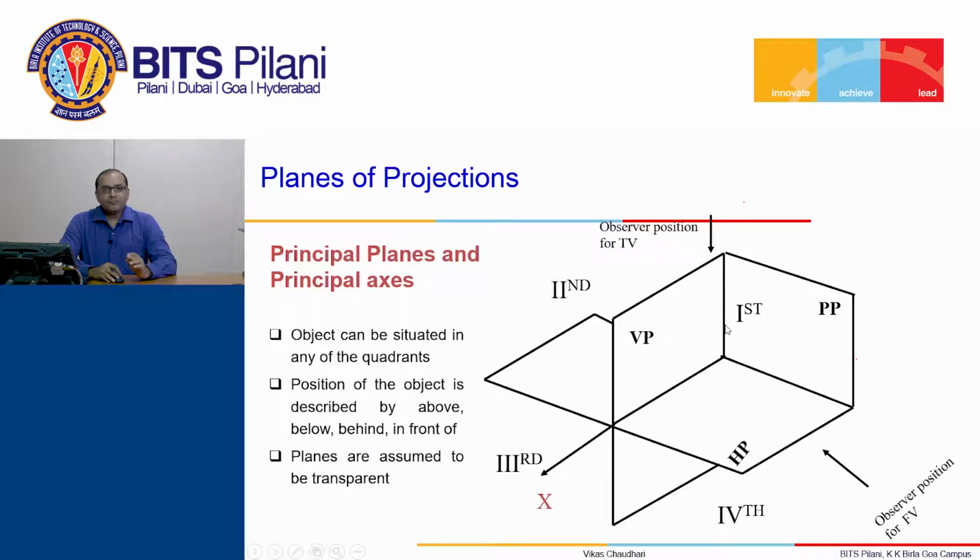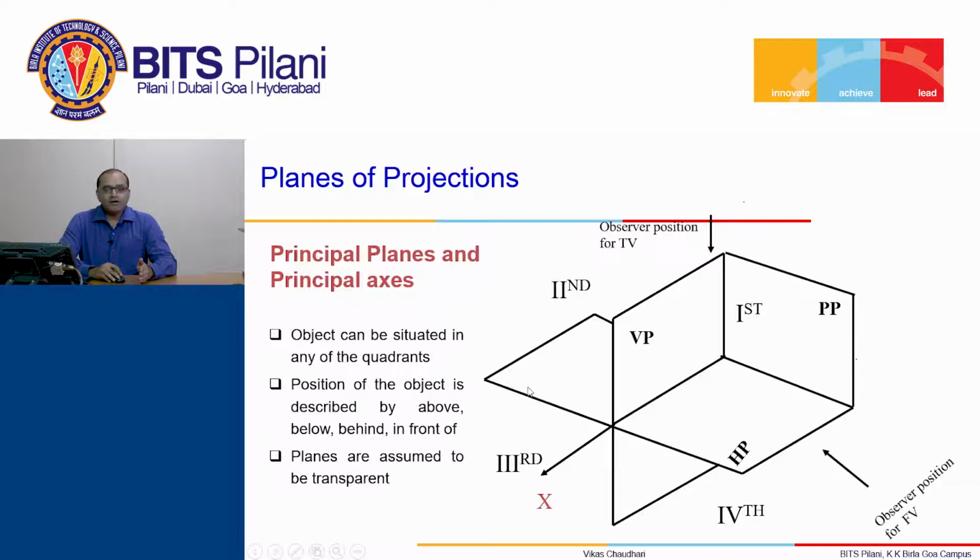Then once these projections are projected, then we bring those projections in single plane. The process to bring them in single plane is to rotate the reference planes. So which planes are rotated? Vertical plane remains same. Horizontal plane is to be rotated in such a way that first quadrant will be open. So when first quadrant will be open, the third quadrant will also be open.